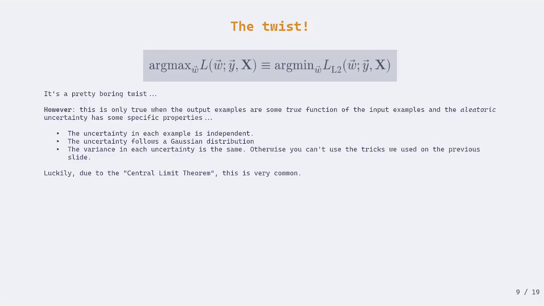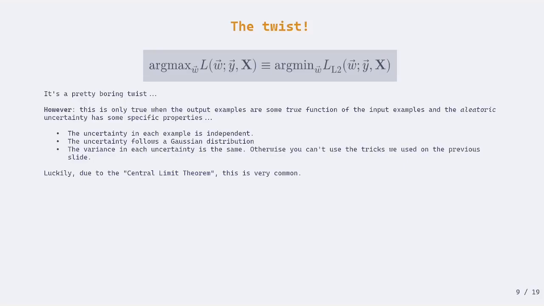A couple of things make this quite common. One, this is equivalent to having an epsilon term that's normally distributed around 0 and adding that on. So in situations where the problem is specified like that, the maximum likelihood is also L2 loss. And also there's this idea called the central limit theorem, where if you sum up a bunch of different probability distributions, if you add enough together, you're eventually going to get a Gaussian.